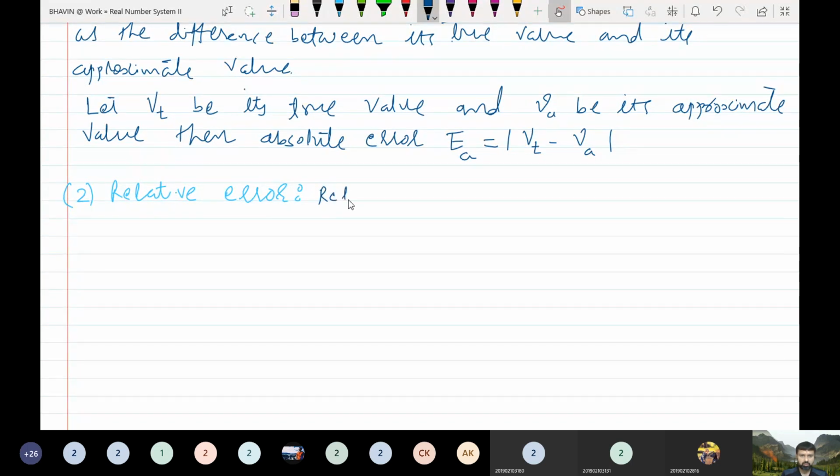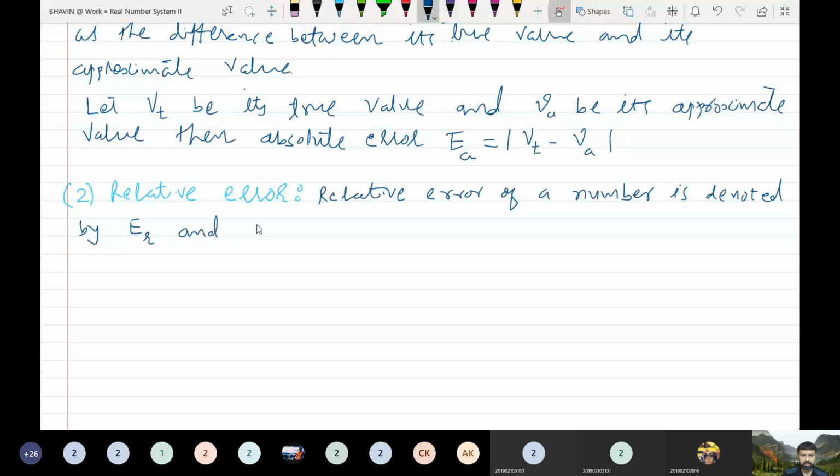Relative error of a number is denoted by ER, the first letter is R, E stands for error, and is defined as ER is equal to EA upon its true value.